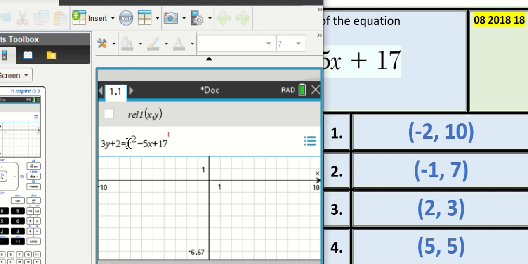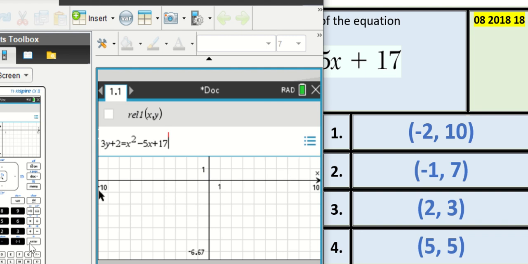Now, I hope you did notice when I typed the squared, because of the way I wrote it, it had me in the exponent. I had to come back to the baseline to actually get the graph the way that I want it. I want my calculator to look just like my paper.